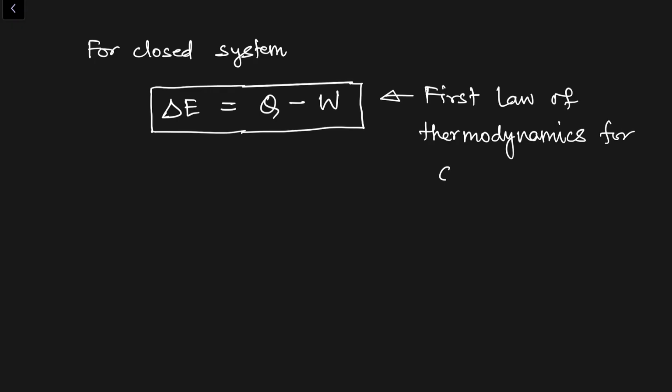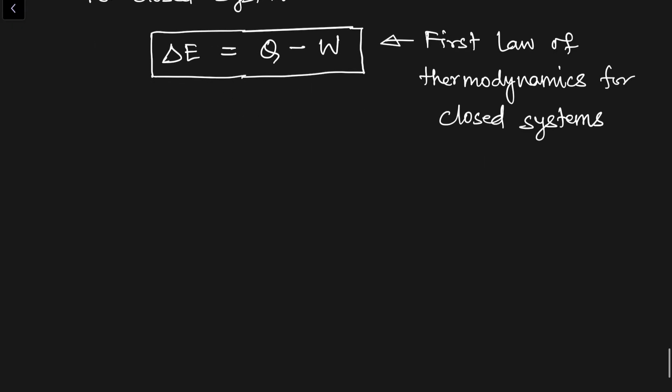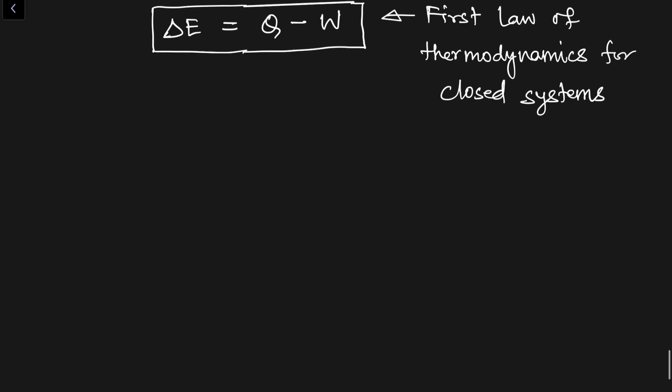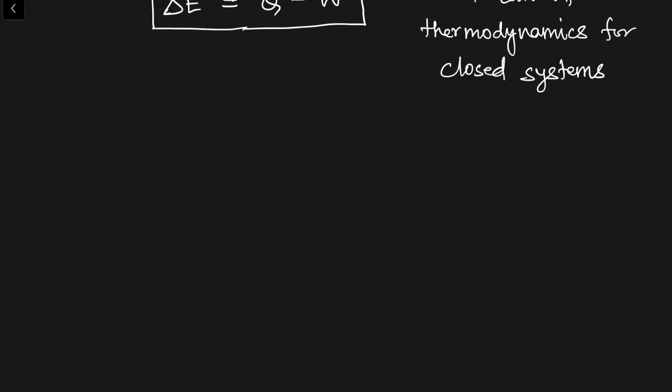For closed systems. Now, also from our lecture 1, we know that this del E is nothing but a combination of change in kinetic energy plus change in potential energy plus change in internal energy.